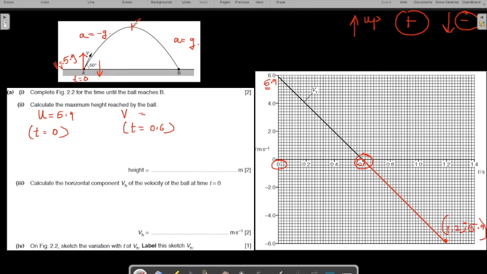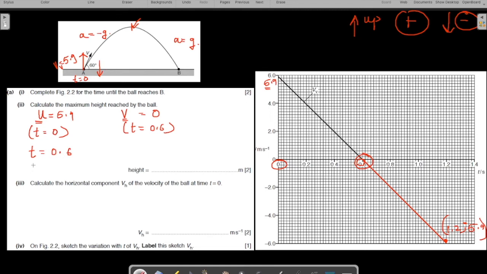At the topmost point, because you have to talk about the maximum height reached. So we'll talk about the vertical component at the topmost point. It is 0. Remember that both u and v are vertical components. This is your initial vertical component and this is your final vertical component. You know u, you know v, you know the time interval, which is 0.6.